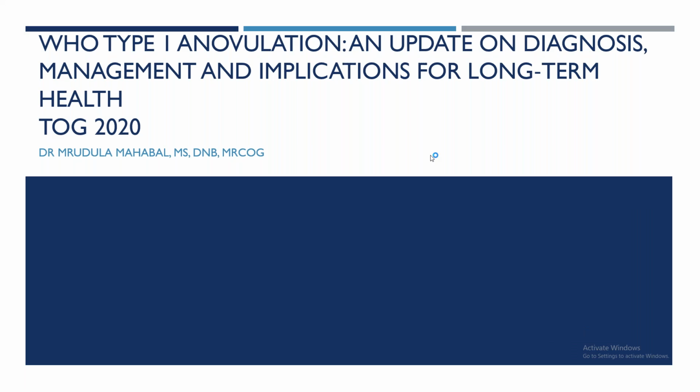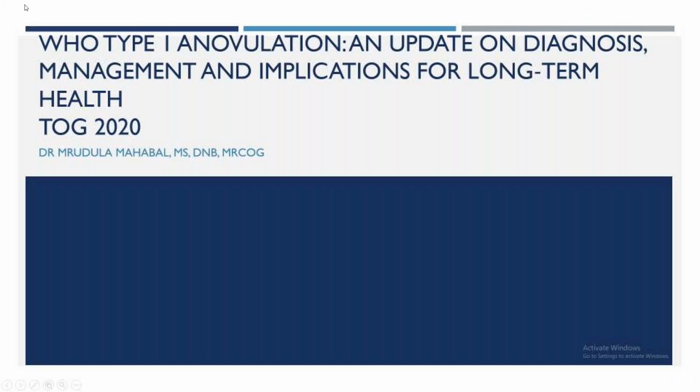So today we are going to discuss the talk from April 2020, that is WHO type 1 anovulation. This talk mainly discusses the WHO type 1, that means hypogonadism type of anovulation and its management.